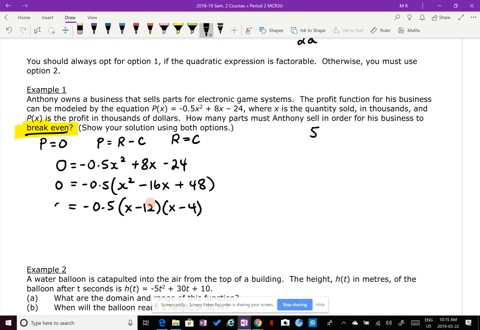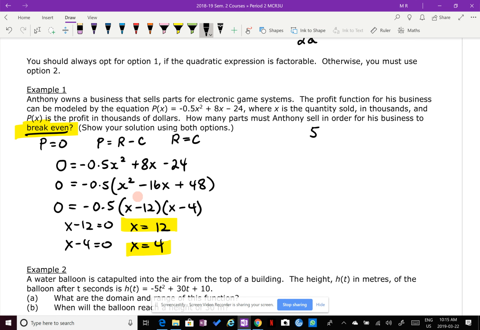And remember, this is equal to 0, so solving for x means solve for each x in each individual factor. Okay, it doesn't matter that this is negative 0.5. All I care about is x minus 12. That's equal to 0. So x has to equal positive 12. And the other factor is x minus 4 equal to 0. So x has to equal positive 4. So those are my two solutions.